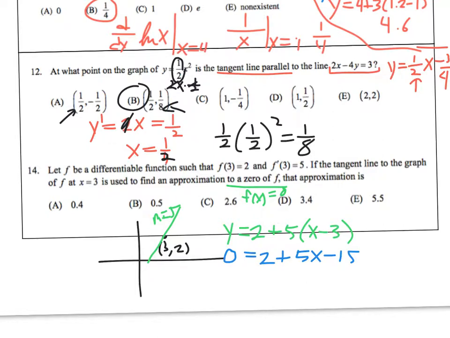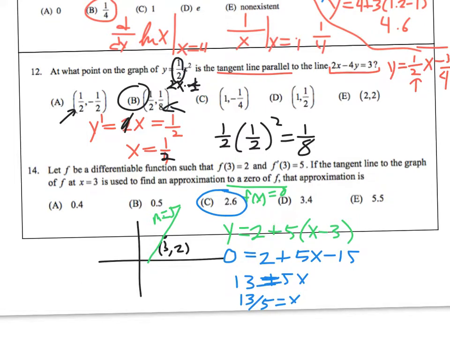Bring everything to the other side, and we get 13 equals 5x, and 13 over 5 is equal to x. 13 over 5 is going to be 2.6, which happens to be C. That's kind of a rough way to interpret that.